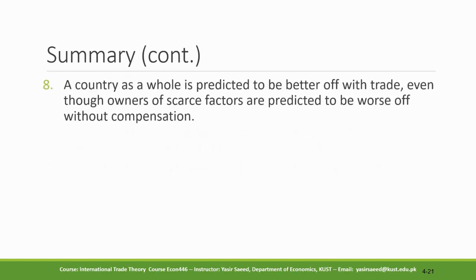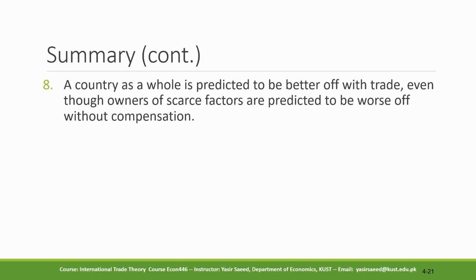A country as a whole is predicted to be better off with trade. So why is this true? Because we have discussed earlier that when we are producing something, we should consume equal to the worth of our production. In the absence of trade, we can only produce on the production possibility frontier, and then we will only consume the goods that we have produced.